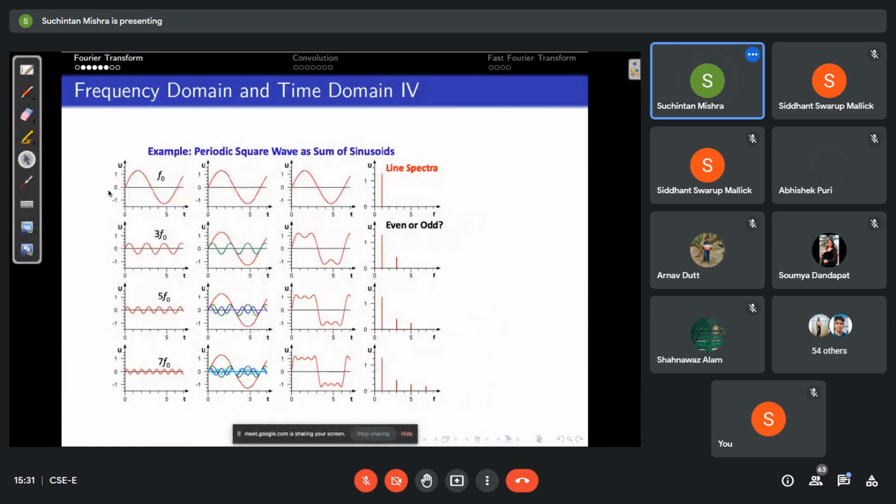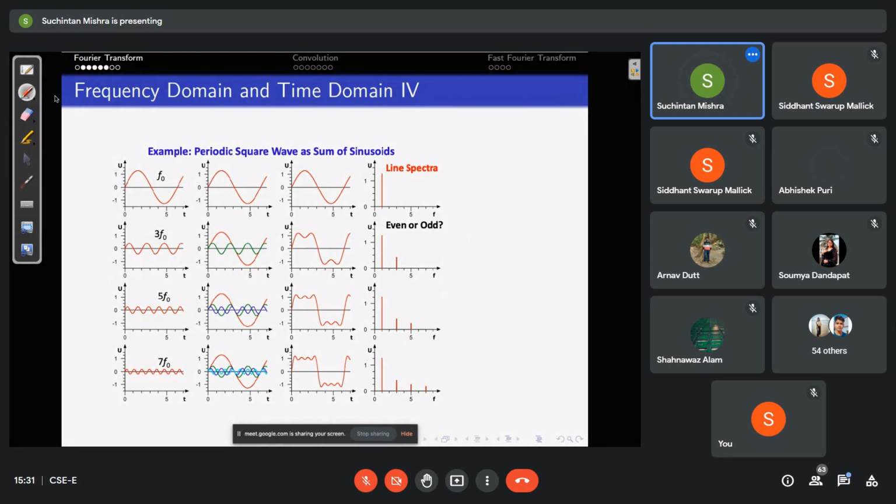Now the convolution theorem is saying that if there is a composite signal, what is the meaning of composite signal? It means more than one frequency.